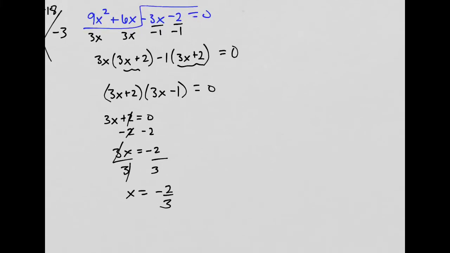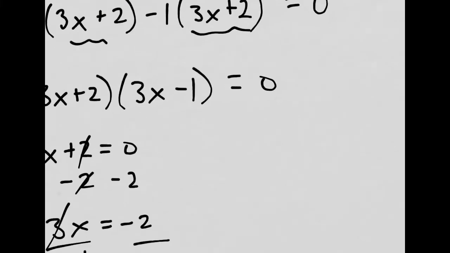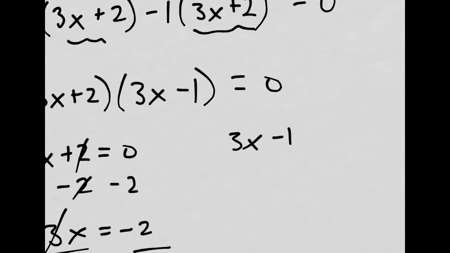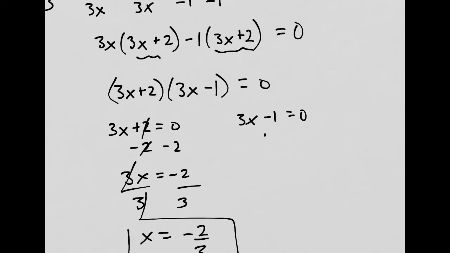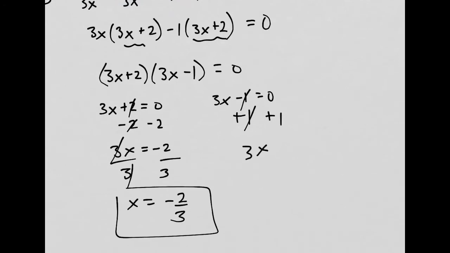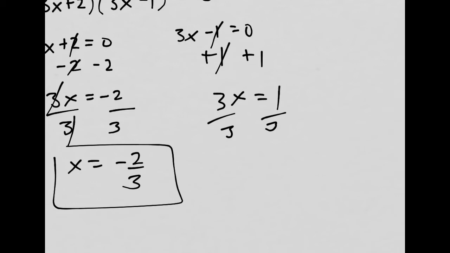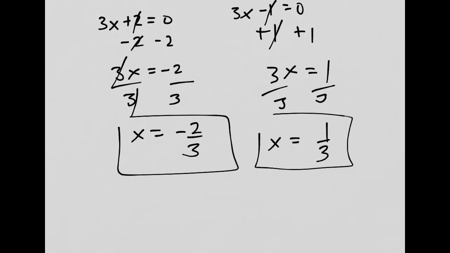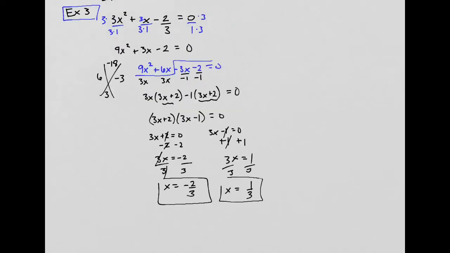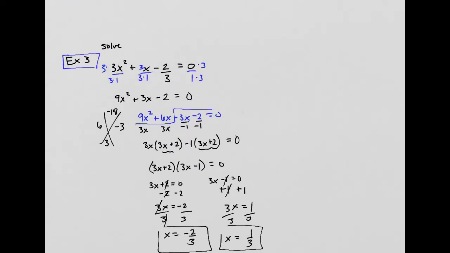There we go. That's one answer, but I get two answers. 3x minus 1 equals 0. I could even do this in my head. 3x equals 1, divide by 3. I get x equals 1/3. Yeah, there you have it. That's how you do that problem.